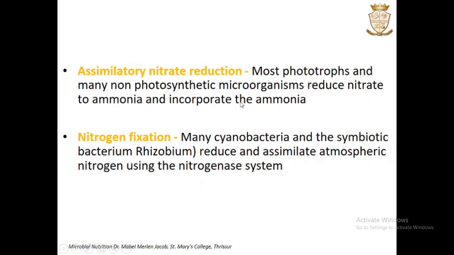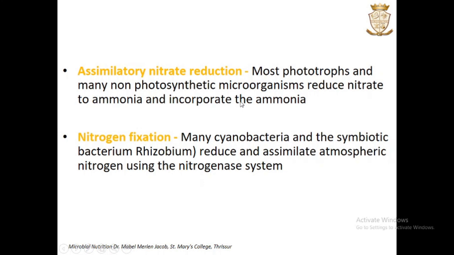Nitrogen is also incorporated by nitrogen fixation, which is performed by cyanobacteria and the symbiotic bacterium Rhizobium, where they reduce and assimilate atmospheric nitrogen using a special enzyme system called the nitrogenase system.